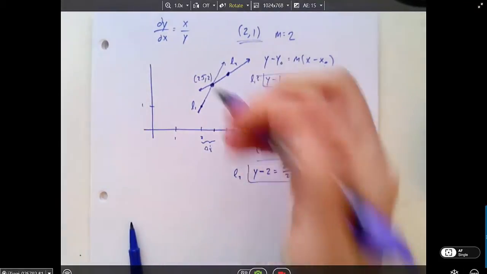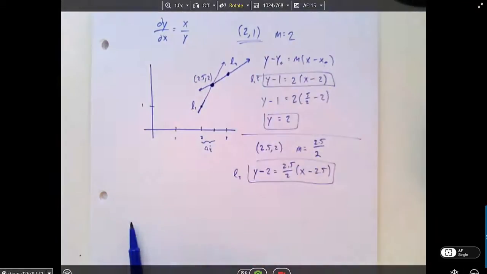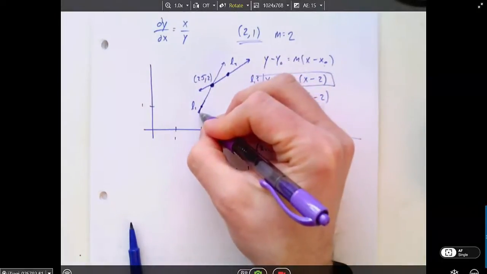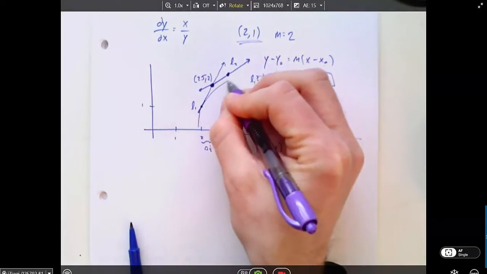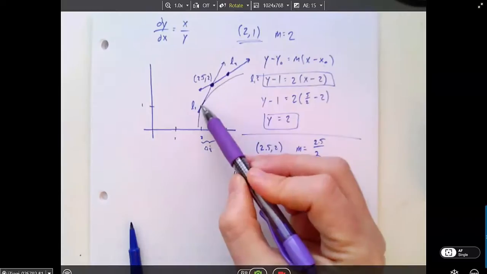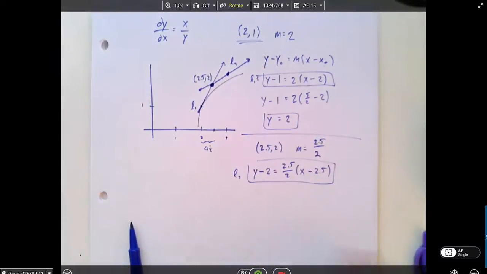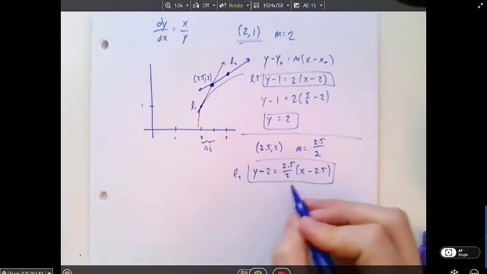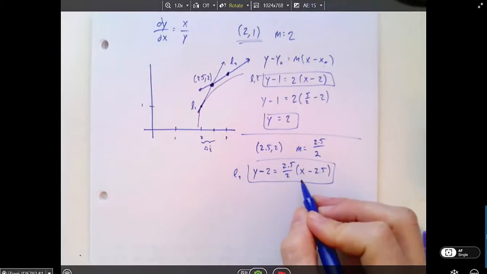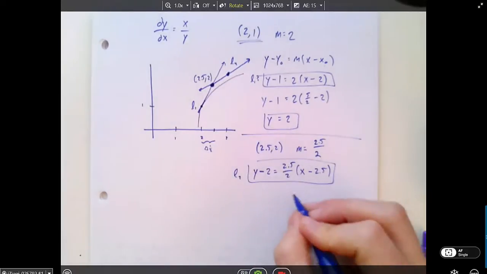Because our original concept was we don't know what the solution curve looks like, but we know it's probably going to be something like this because the tangent lines are going to be following my solution curve because they're based on the original differential equation. So now I'm going to plug in the x value I care about, which is 3.